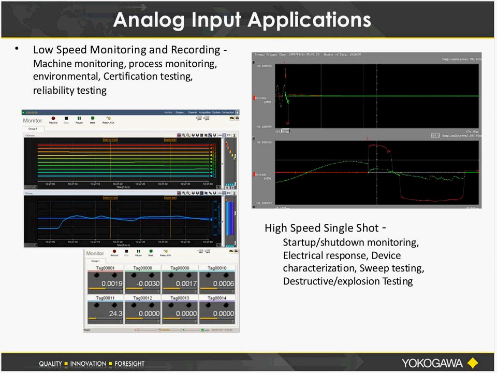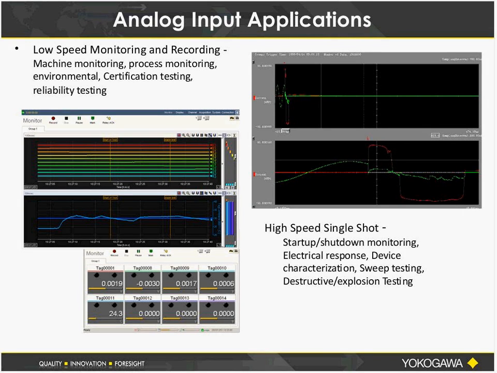This type of low-speed monitoring and recording is especially prevalent in temperature measurements and static DC type of measurements. And you'll often see simple numeric tag type of views like you see on the bottom left. So certain noises, high-speed noises, high-frequency noises are not going to affect this type of application as much, but we'll get into that a little bit here.